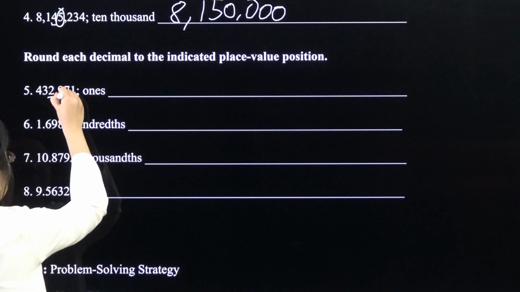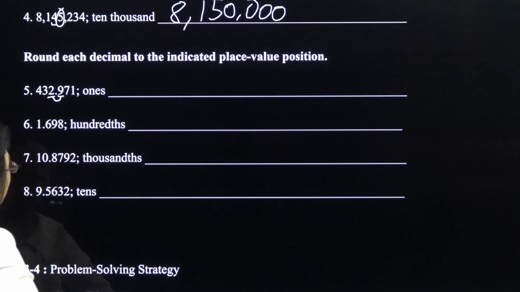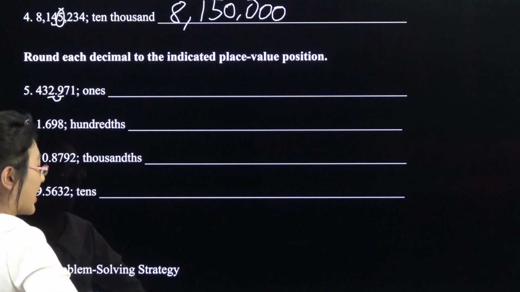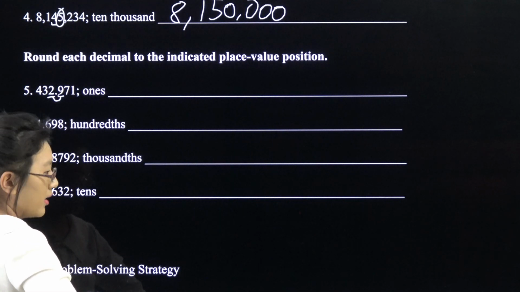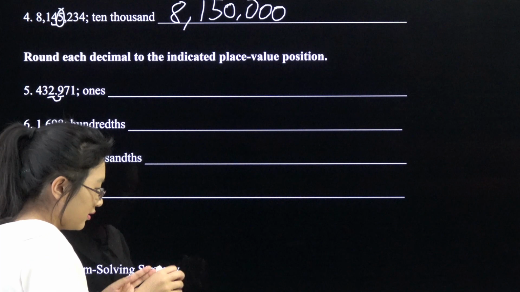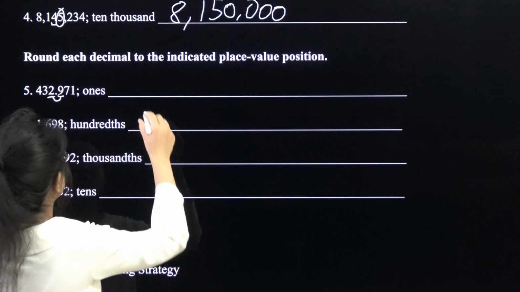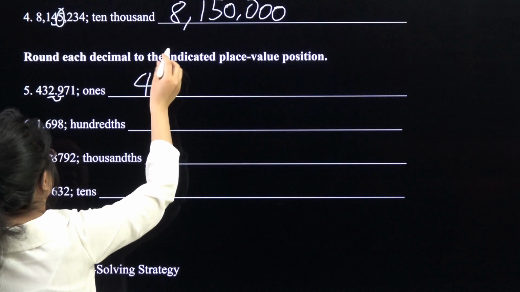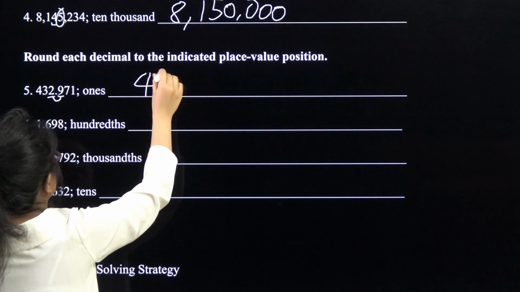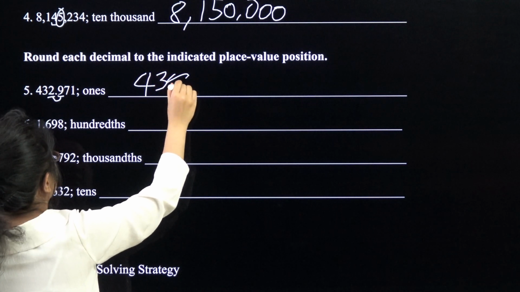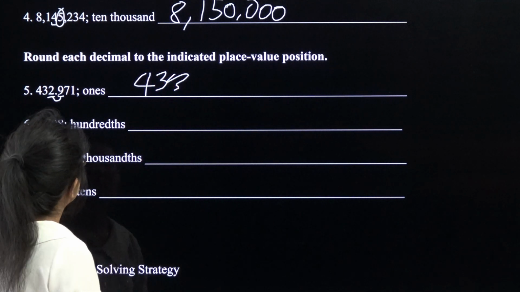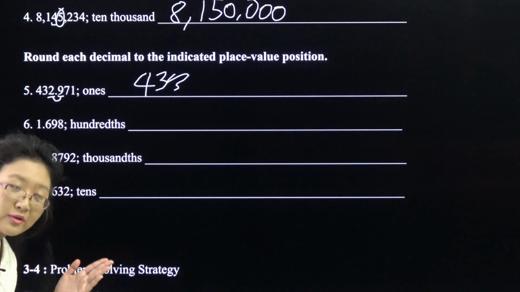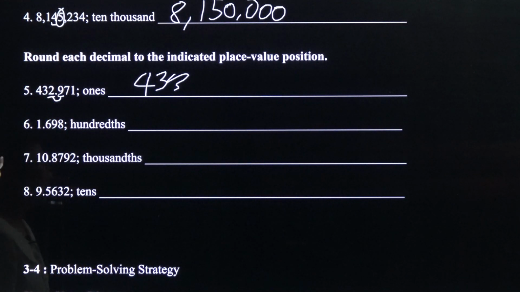We ignore the decimal place, and then we just move 1 digit right. And that's a 9. So if it's a 9, then we round up, which means that it would be 433. And there will be no more decimal because we're rounding to the nearest ones.